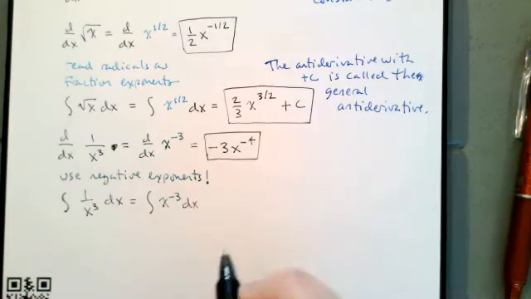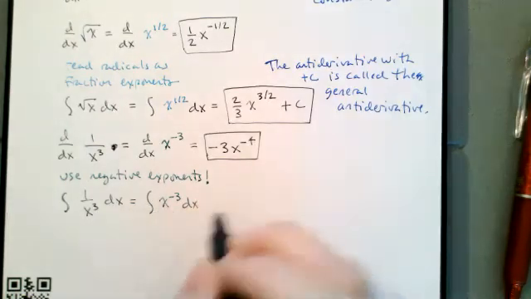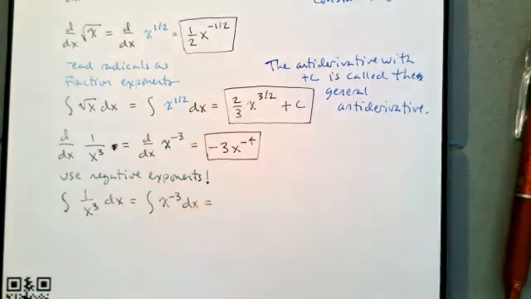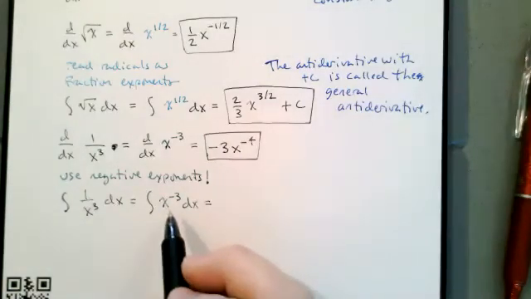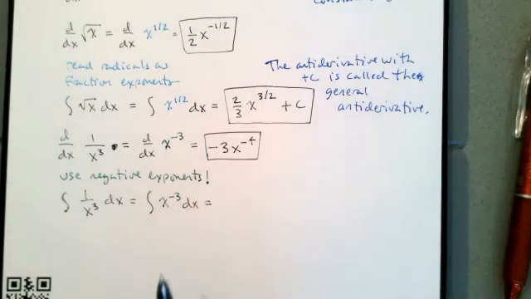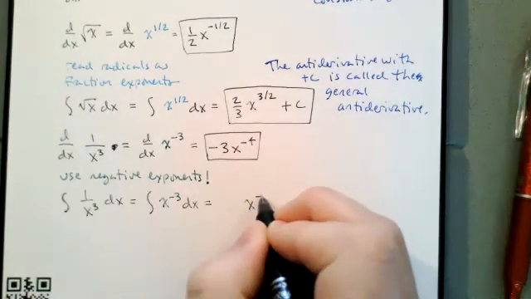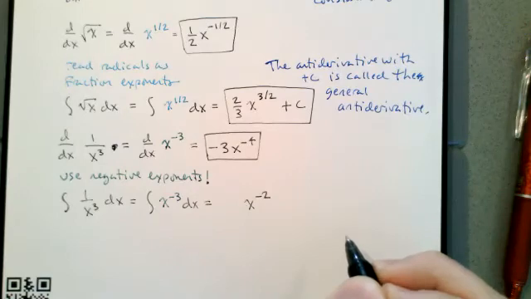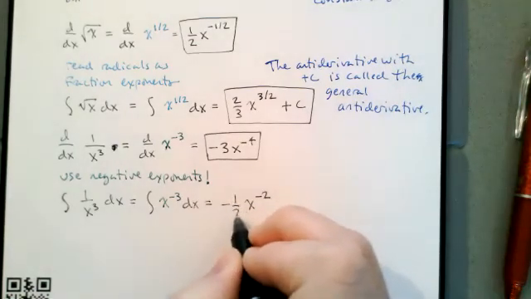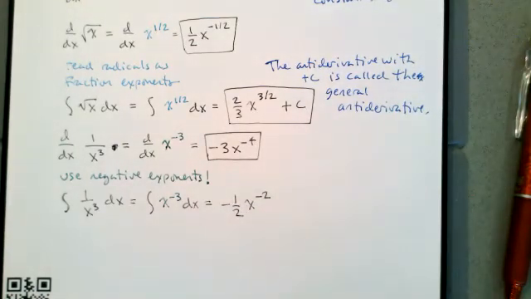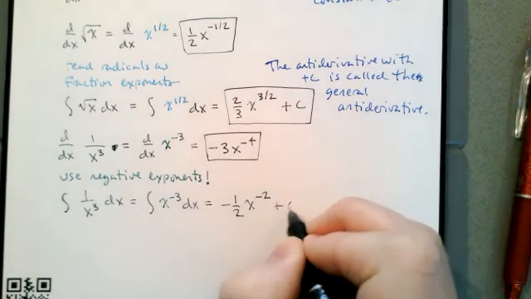The dx at the end is part of the notation, integral dx. So once we've written things as a power of x, we add 1 to the exponent. Negative 3 plus 1 is negative 2, and we divide by the new exponent, negative 1/2. Then we don't want to lose a million points, so we add plus c.